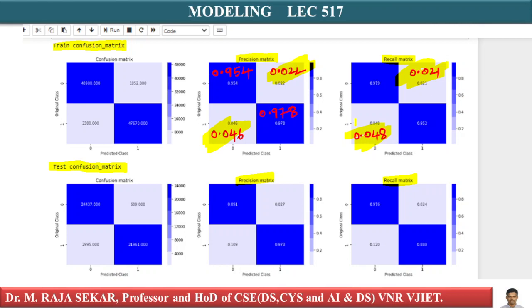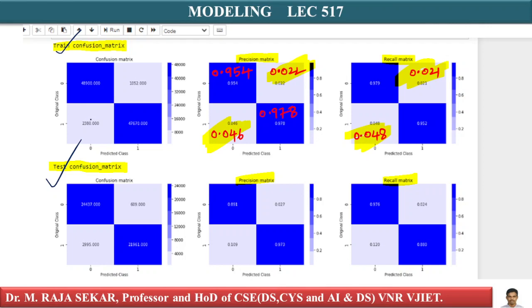The recalls are also pretty healthy. The other thing you notice is that this is the training confusion matrix and this is the test confusion matrix.